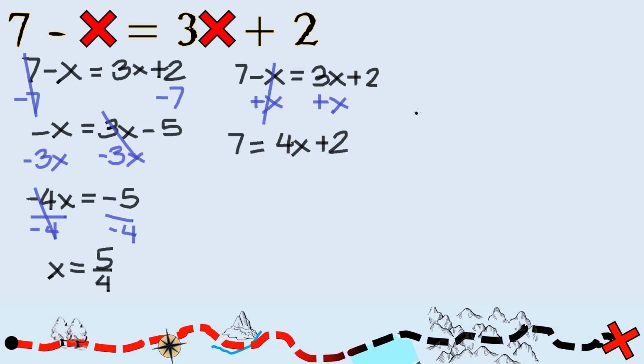This would mean I am choosing the right-hand side as the side with x, or the unknown. In short, I will be subtracting 2 here, and I will also be subtracting 2 on the other side. 7 minus 2, I have here 5 is equal to, of course, this becomes 0. What I have now is 4x. To finish, divide this by 4, divide the other side by 4.